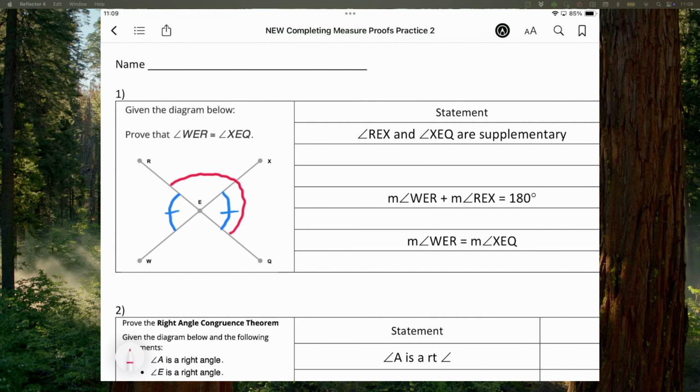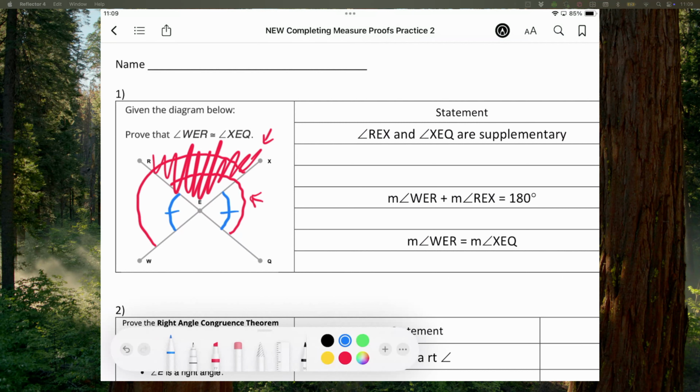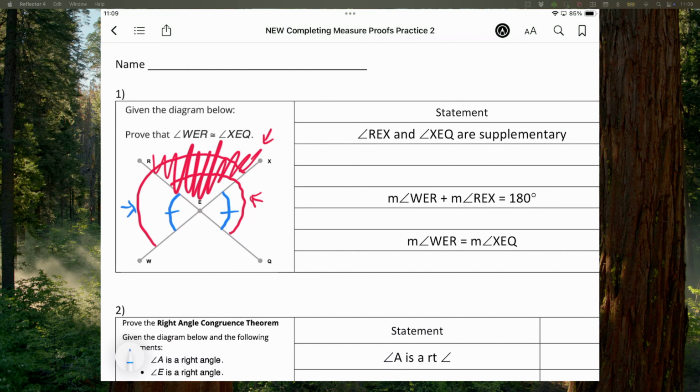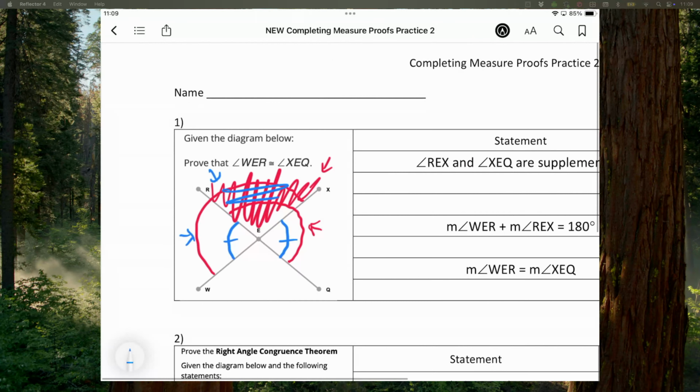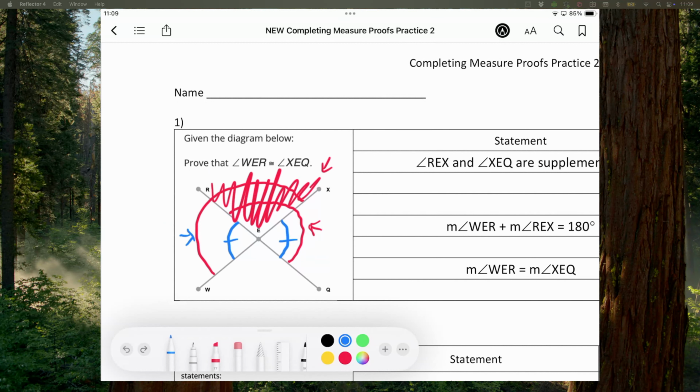So those together make 180. Those together make 180. They share this angle. And so if these two angles make 180 and these two angles make 180 and they share that angle, then these two angles must be the same. That's the way it's going to go through on the proof.